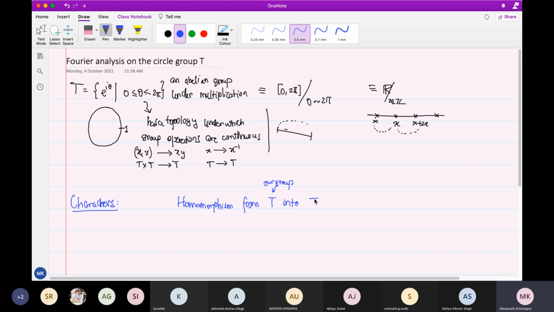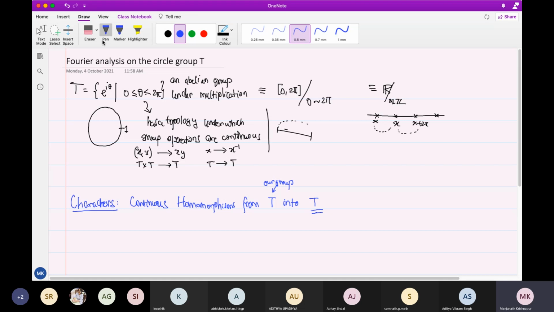The range is always the circle group, right? So we always took that to be the circle group. But we had an additional condition that we want it to be also continuous. We are in a situation where topology matters actually. So we want not any homomorphism from our group into T, but a continuous homomorphism from our group into the circle group. Okay, so this target was always the same. Even when we were looking at finite abelian groups, the target was the circle group, and that will stay. Since I'm going to stick to abelian groups, it will stay. So this is the definition of characters.